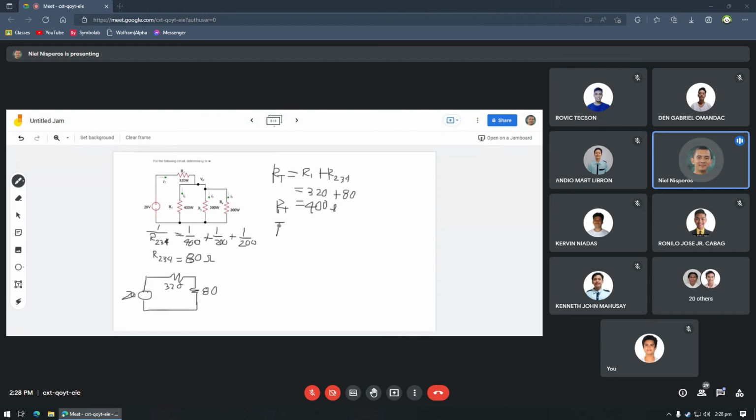So I total is equal to how much? So 20, which is our total voltage, divided by 400 ohms.